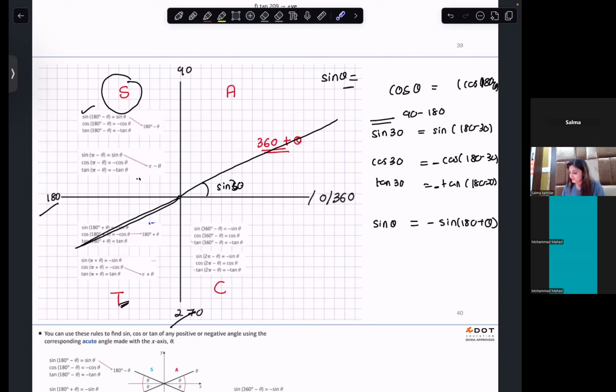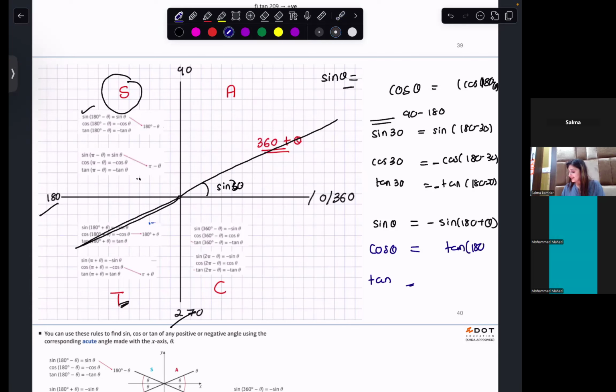Here only tan is positive, so sine of 180 plus theta will be negative. So if I have cos theta and tan theta, it will be cos 180 plus theta and tan 180 plus theta. Minus cos, this is going to be plus, and this is going to be minus. I hope you're with me.